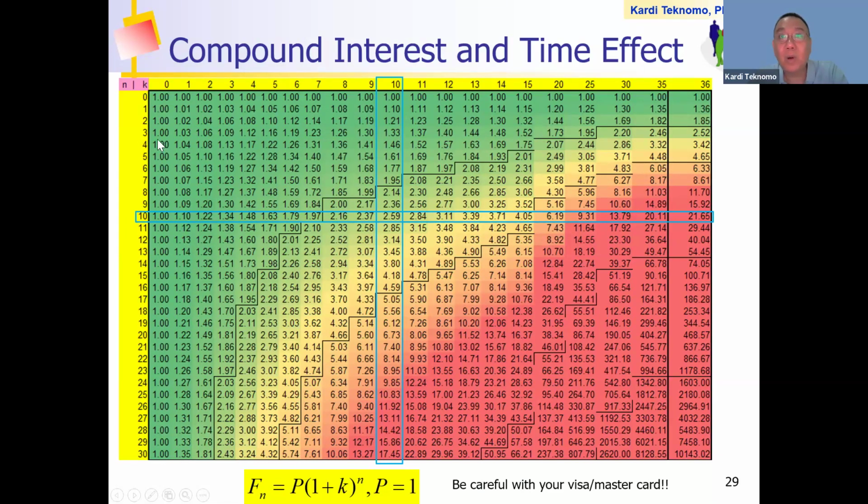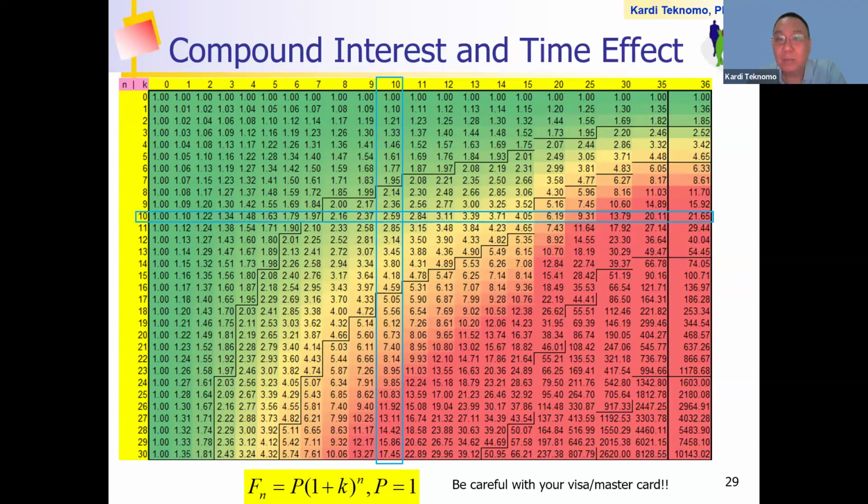That means if you borrow 1, you will return 1 because the compound interest is 0. But if you borrow 1 for 10 years at 10% interest, you need to pay 2.59. What does it mean? What you borrow is only 1, but you need to pay 2.59, almost 2.6.